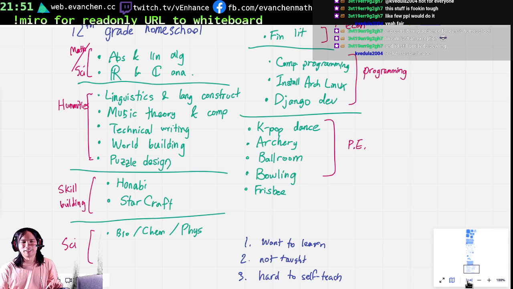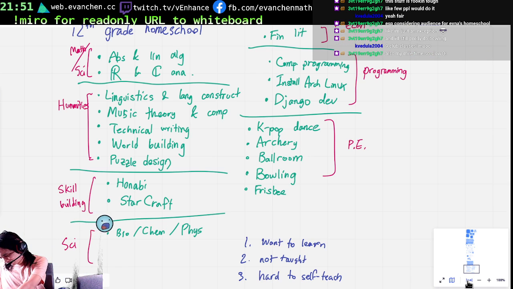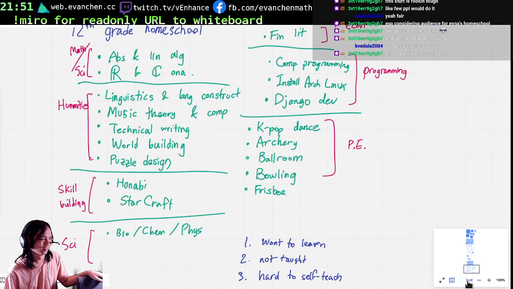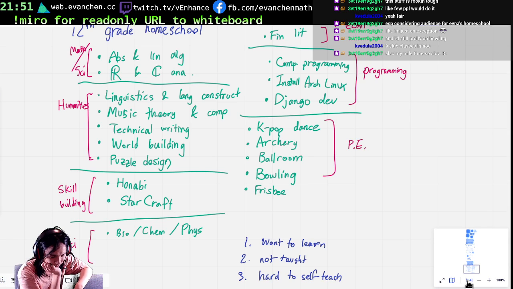But then I kept thinking about it, because I was like, man, what if you could just make a school where the classes don't suck? Wouldn't that be something?